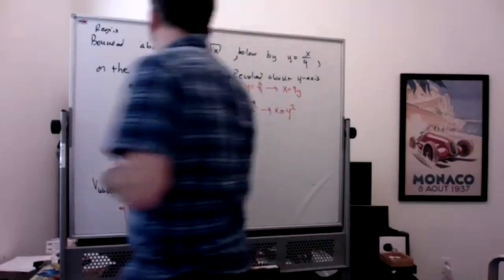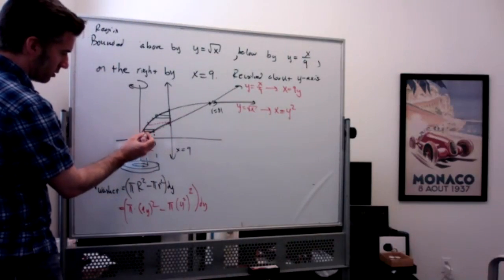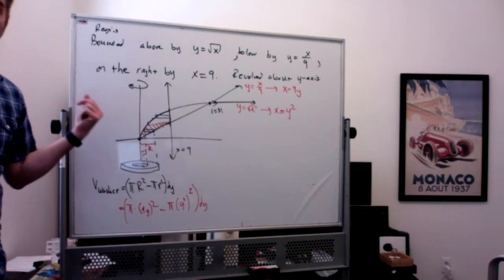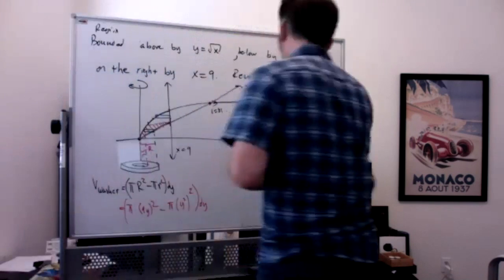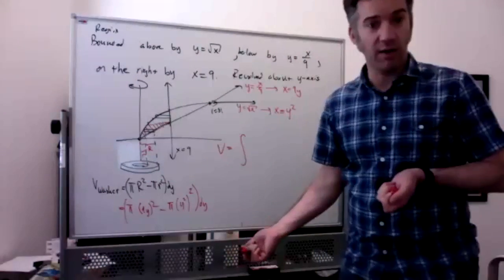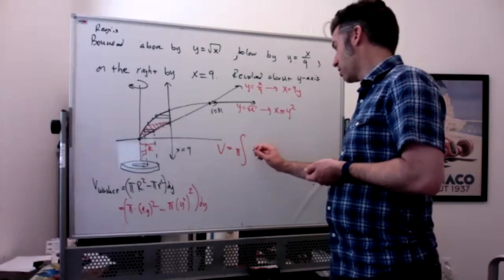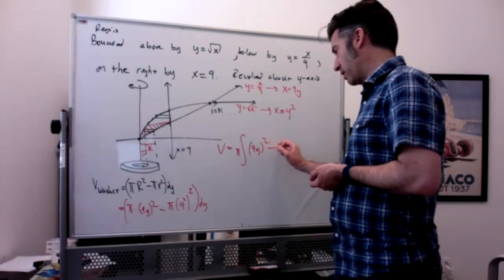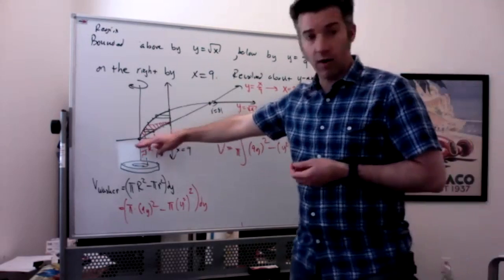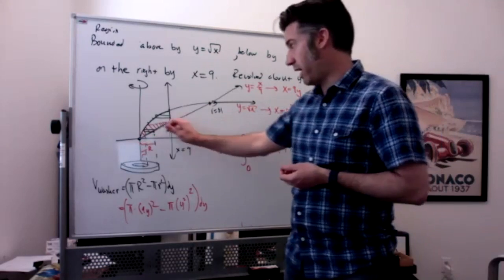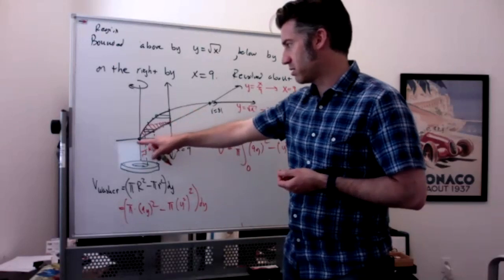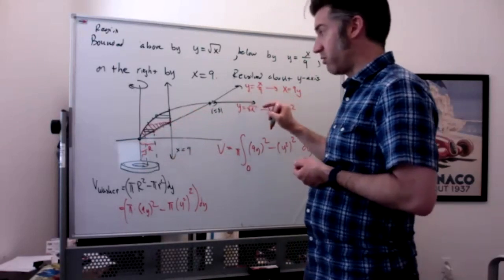So the volume of this region that stops right there, revolved around the y-axis, would be the integral of all of this. We usually factor out the pi, so pi times the integral of (9y) squared minus (y squared) squared, from however low y goes, which is 0, to however high this region goes, which is right there where x equals 9 intersects y equals x over 9.